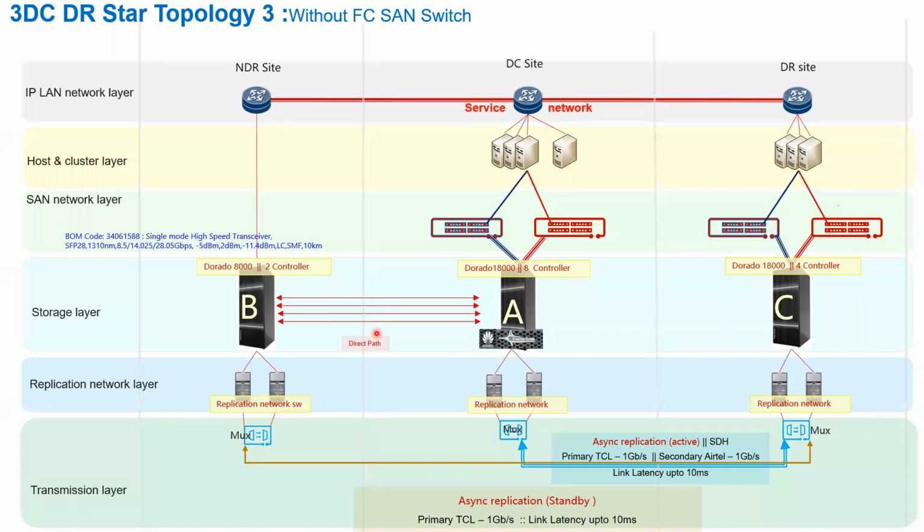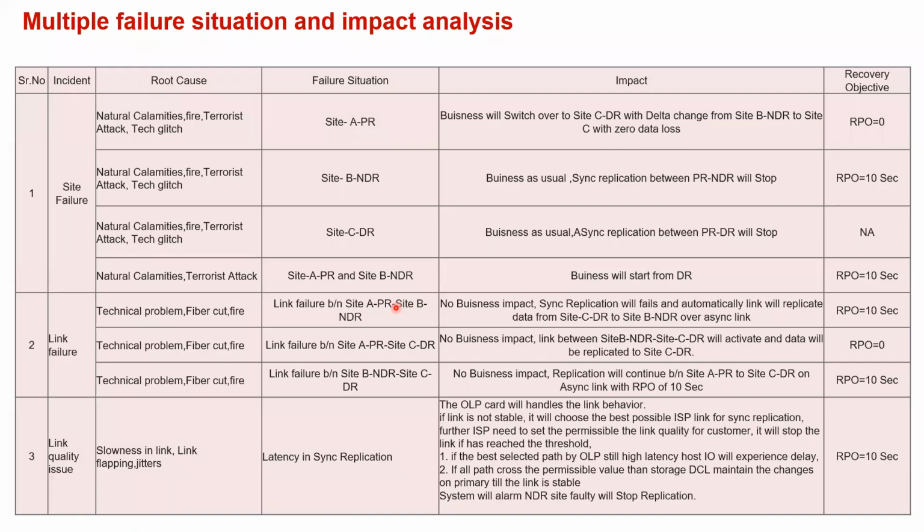This can be achieved in a campus network, for example in a manufacturing unit, if block A is the primary site and block B is the secondary site, they can lay down dark fiber cable, and dark fiber can achieve direct communication. So there is no dependency on active devices. This can also achieve your replication path. Okay, so this is how the RPO and RTO definitions can be achieved in case failures appear.